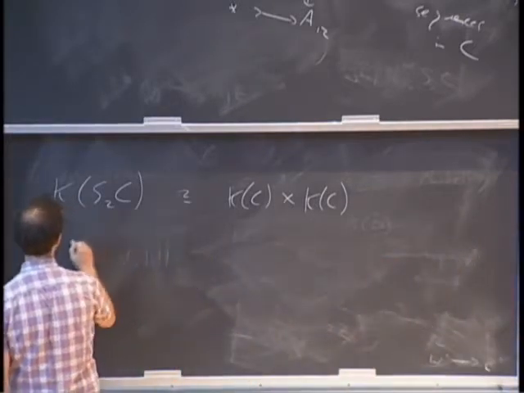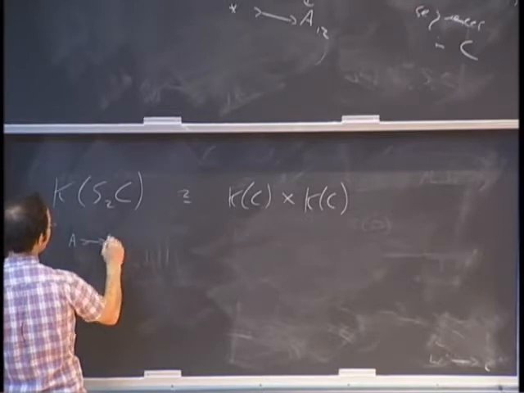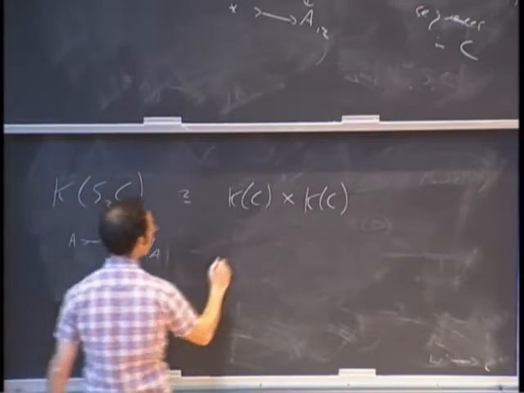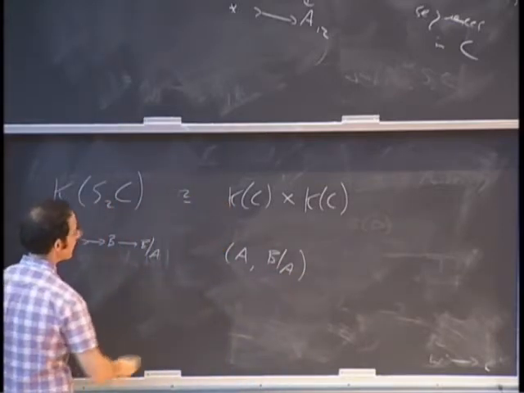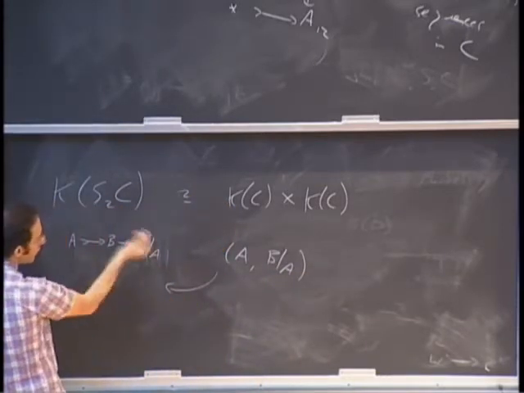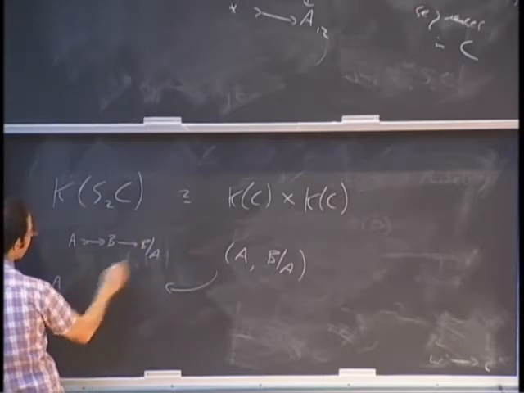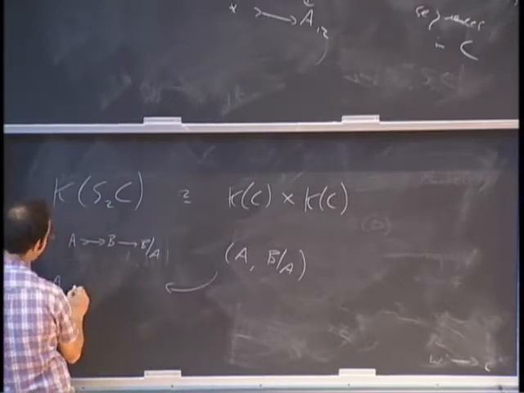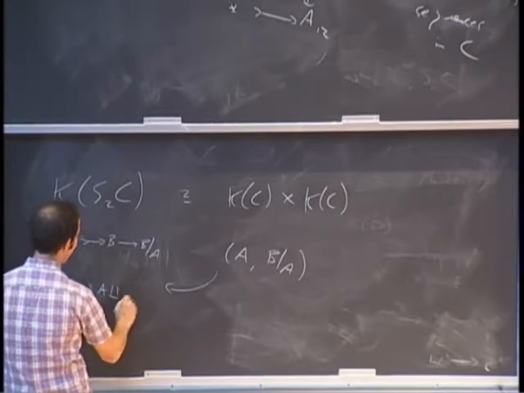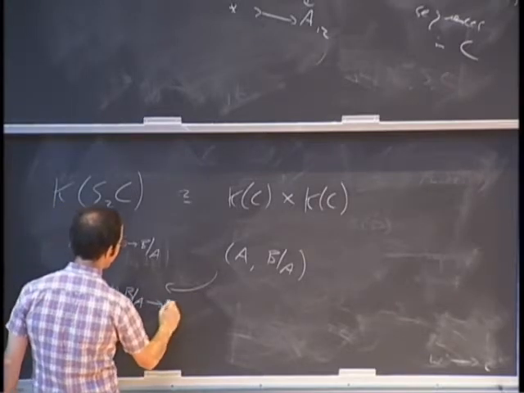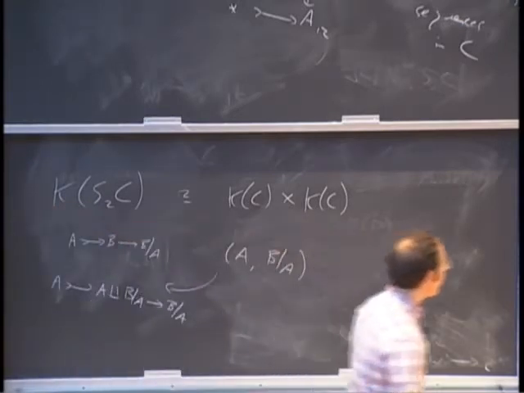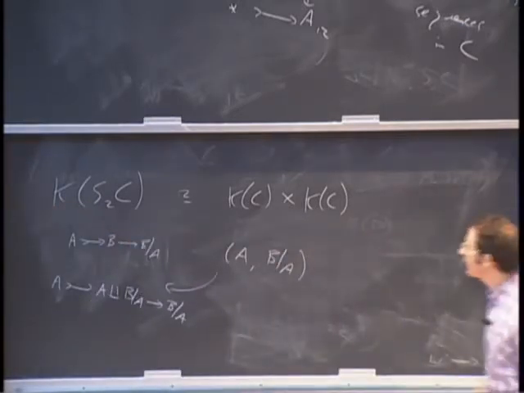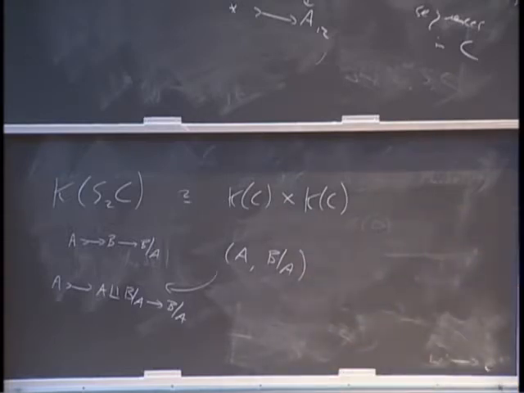It's the map that takes the sequence A to B mod A to the pair A and B mod A. And this is split, it turns out, by a homotopy inverse given by the thing that takes that pair back to A plus B mod A to B mod A. So this is a precise analog of this kind of picture.